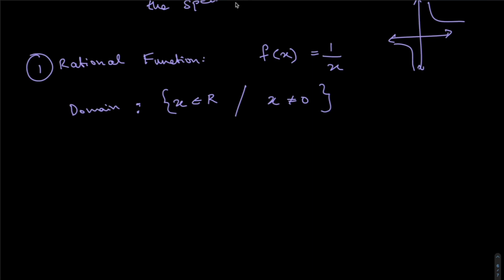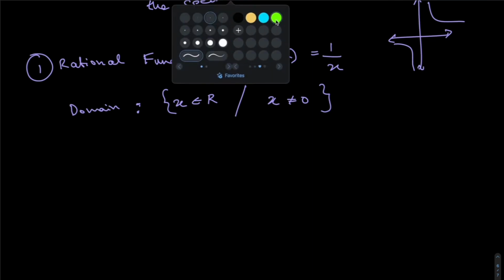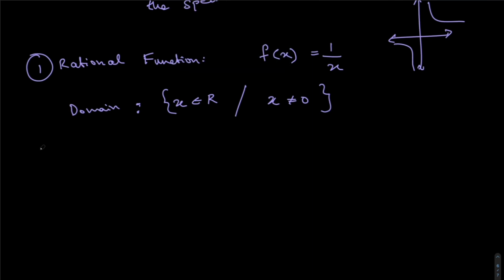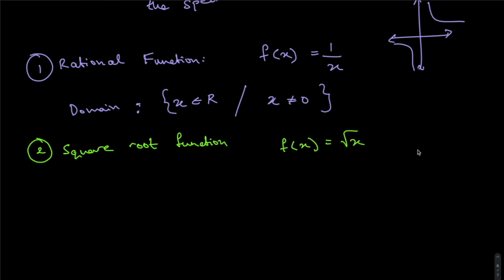So the square root function. An example here would be f of x is equal to the square root of x. This graph comes out like this: starting from the origin, it goes out like that.